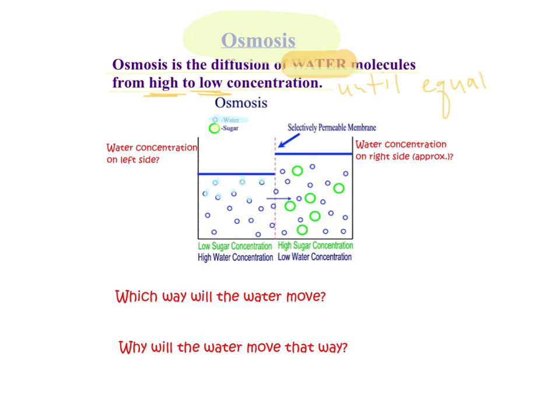Go ahead and highlight all the water molecules, might even help to count all the water molecules on both sides. If you need to pause the video to get that done, go right ahead. Once you've highlighted them, make sure you've counted all of them.